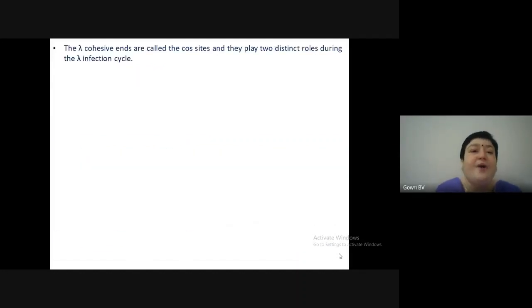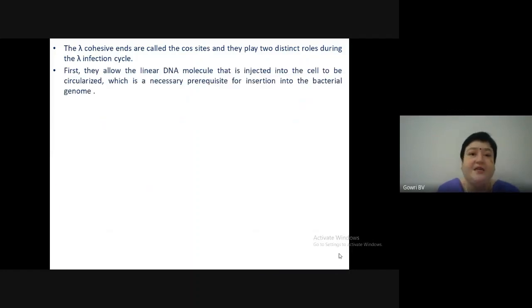The lambda cohesive ends are called the cos sites. So right cos site and left cos site is how they are designated, and they play two distinct roles during the lambda infection cycle. First, they allow the linear DNA molecule that is injected into the cell to be circularized, which is a necessary prerequisite for insertion into the bacterial genome.